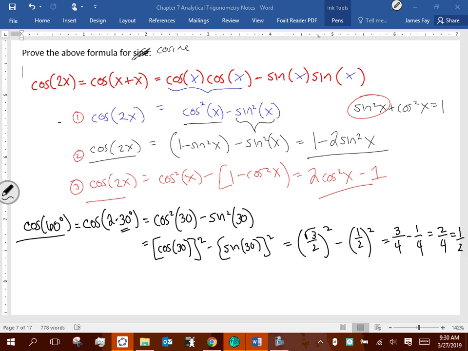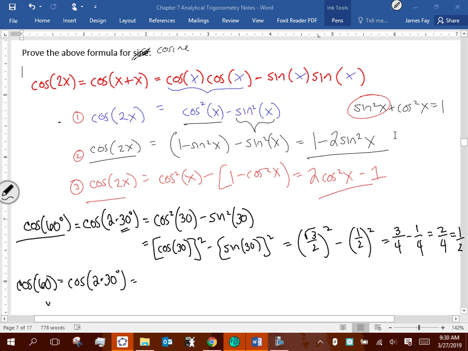Yeah. Let's do it again. Cosine 60 equals cosine of 2 times 30. Well, let's use formula number 2 here. This would be 1 minus 2, and it'd be sine of 30, that squared, right?